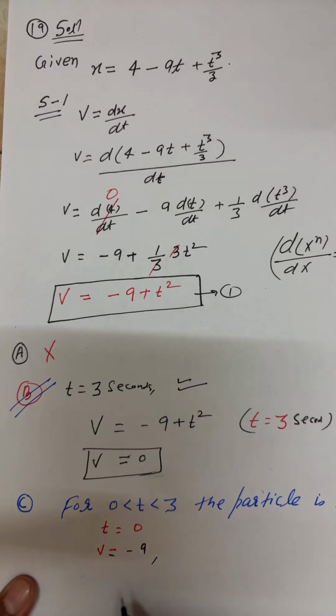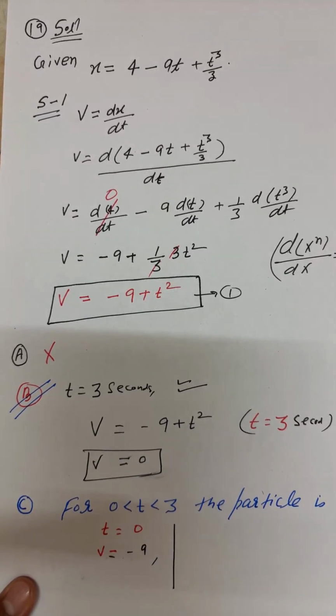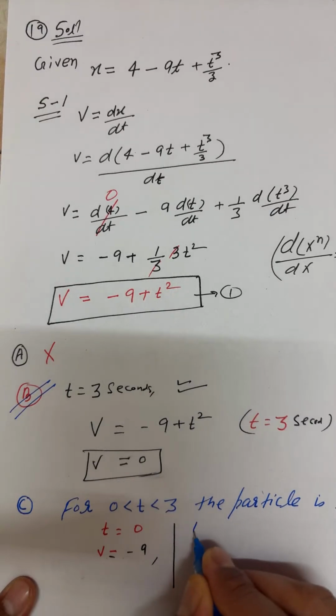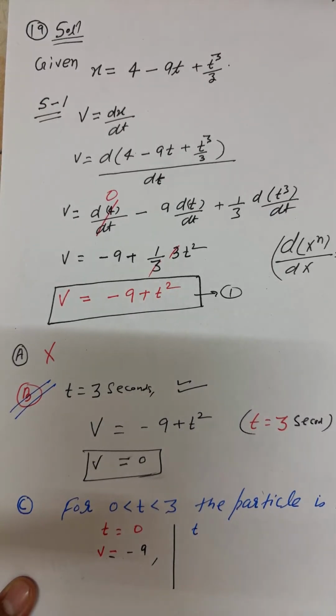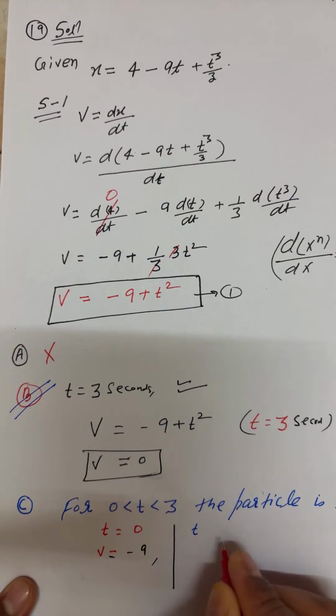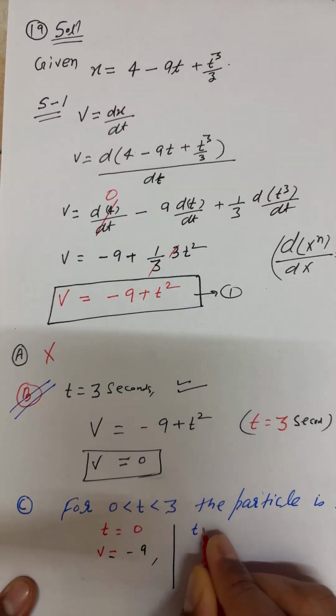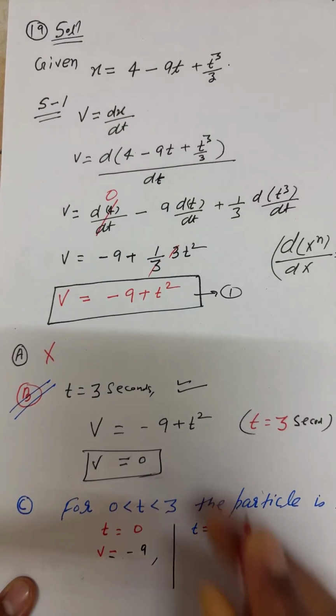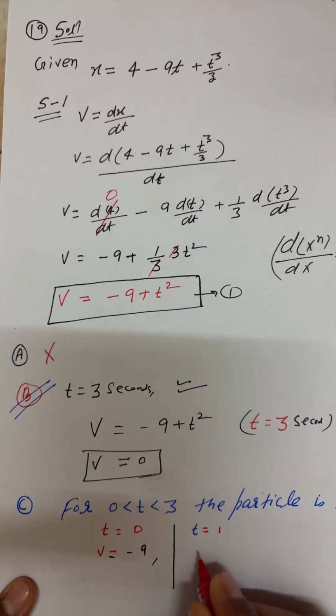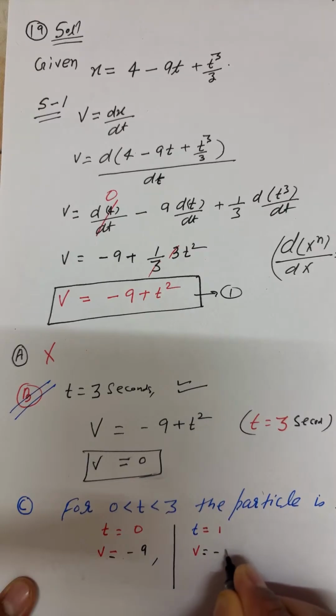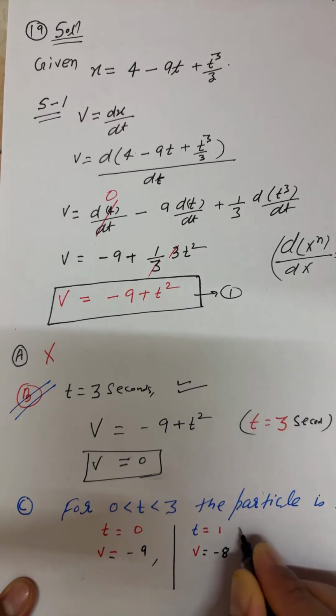Now I put t equals 1 in equation number 1. Again velocity equals minus 8.